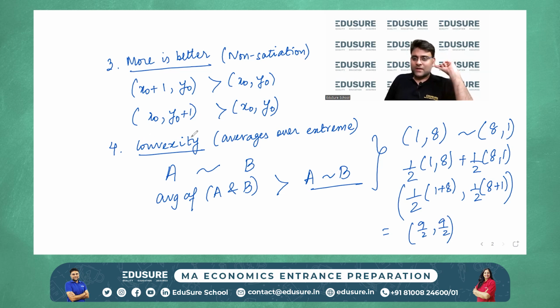What this property says is (9/2, 9/2) will be preferred over the bundles (8, 1) and (1, 8). This is the property of convexity, that I like average consumption over extreme consumption, or averages are preferred over extremes.